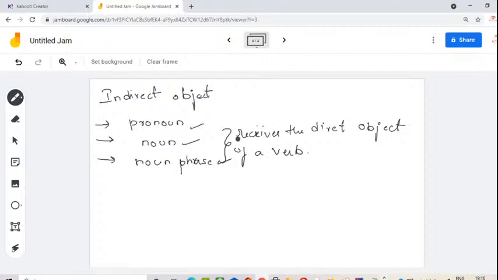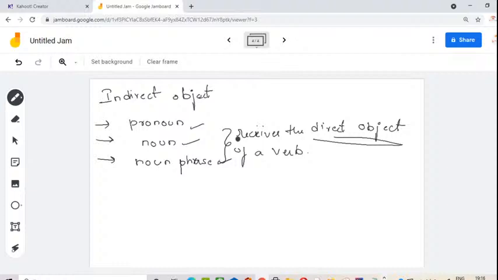Indirect means it will receive the action through the direct object. It goes through the direct object and then becomes an indirect object. So it receives the verb through a direct object. That's the indirect object.